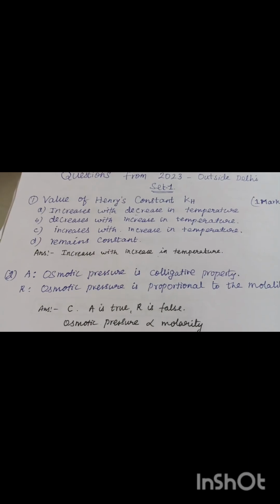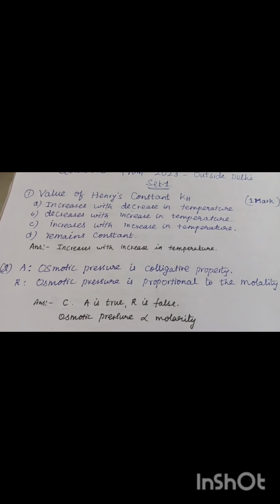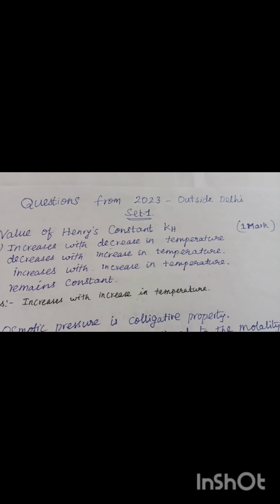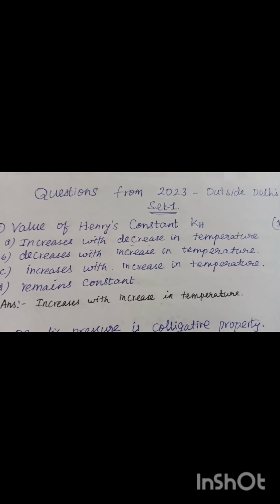So the reason is false. So option C: assertion is true, reason is false. The reason is that osmotic pressure is directly proportional to molarity, but in the question it is given as molality. So option C is the correct answer. So 1 plus 1, 2 marks are completed from the 2023 board paper, outside Delhi.